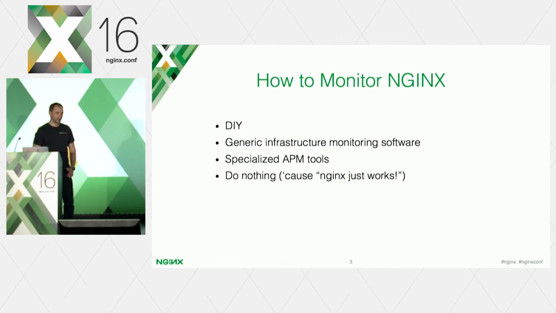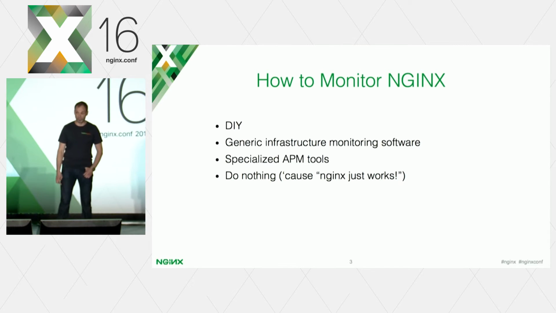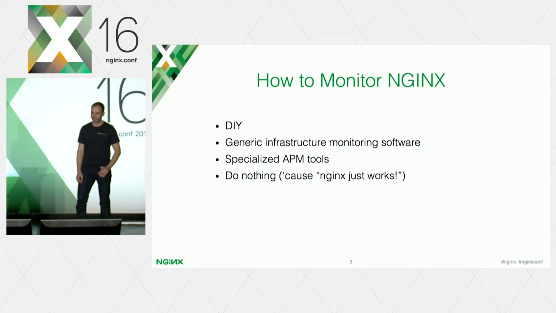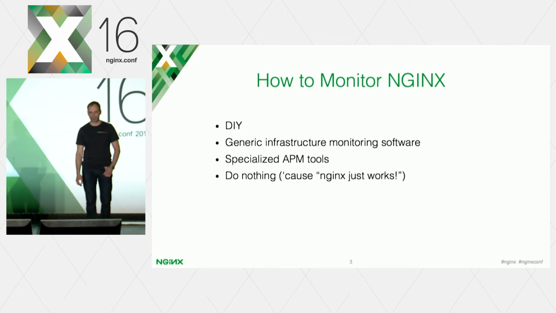So how do we monitor NGINX? A lot of you are probably, hopefully, doing that already. I would say with a bunch of do-it-yourself tools, you can grab something and build something out of it to monitor NGINX, to parse the logs, to extract the metrics, to do your own analytics. You can install a variety of open source tools and assemble them yourself and do the data storage yourself.